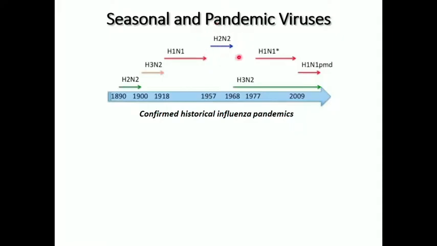You have an H2N2 pandemic that only lasts 10 years before it's replaced by H3N2, another pandemic, which has lasted till the present day. In fact, right now in Brisbane, Australia, they're having a late or unseasonal outbreak of H3N2. Then 1977, H1N1 pops up again.